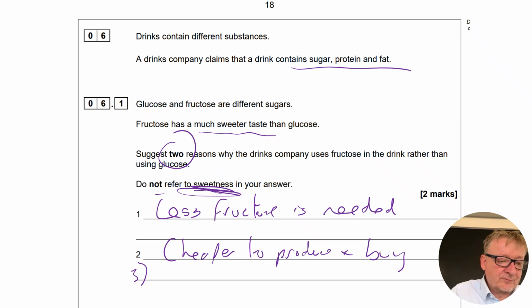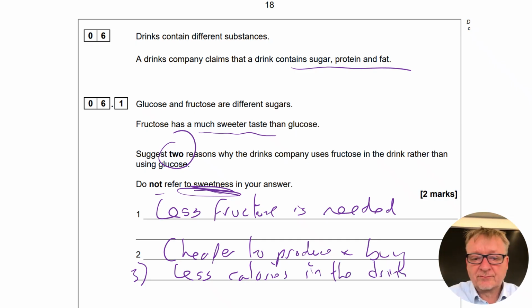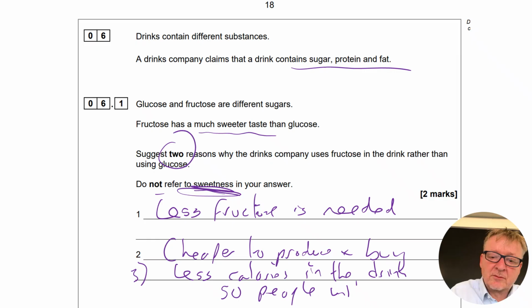Number 3, less calories in the drink. Okay, because what you're doing is you're getting less glucose, and therefore people will buy it because there's less calories.